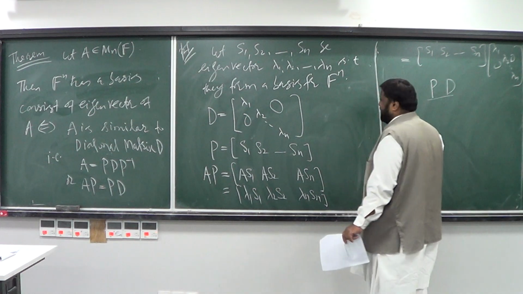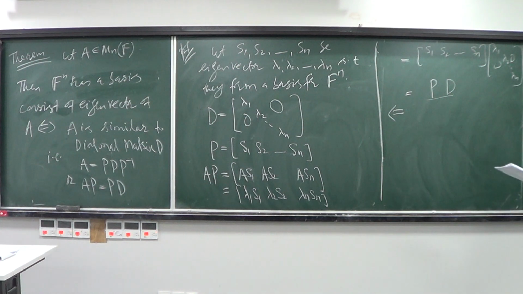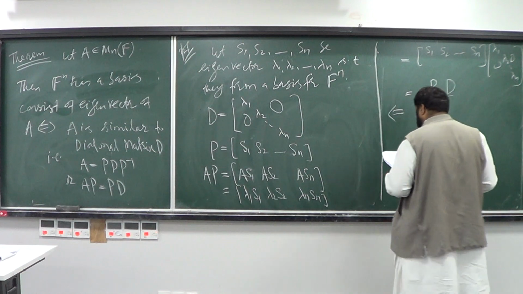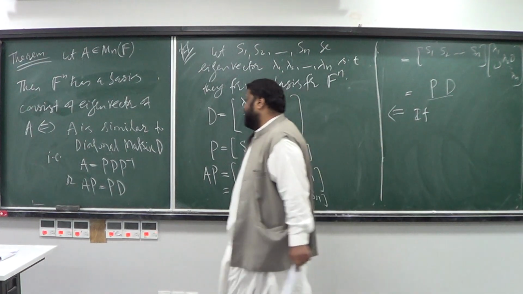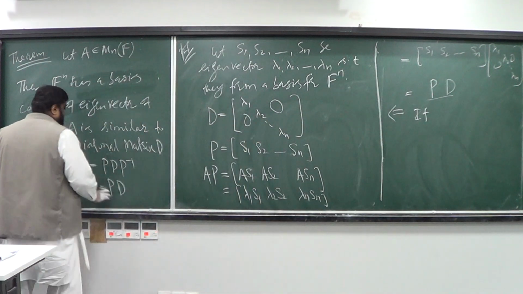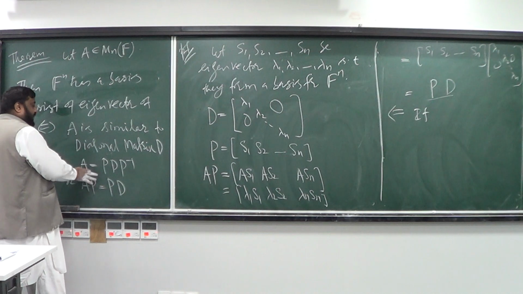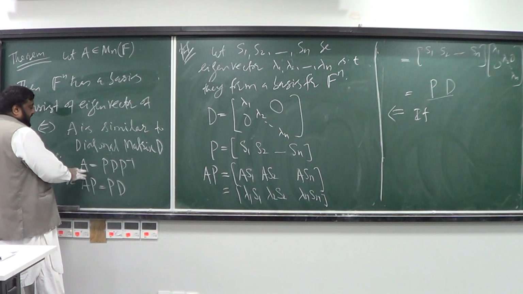How about the converse? If A is similar to a diagonal matrix D, then what? So let's think about the converse. In the converse, we have to assume that there is an invertible matrix P for which A can be written in this manner.